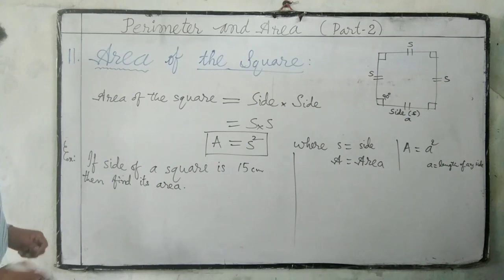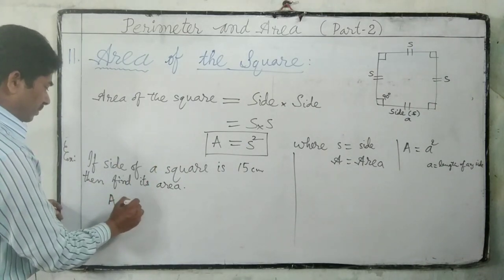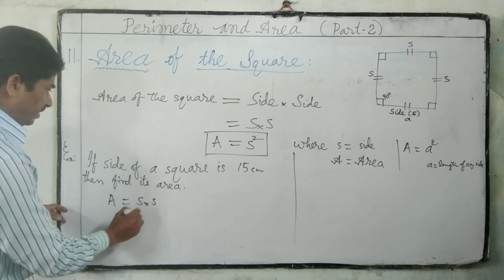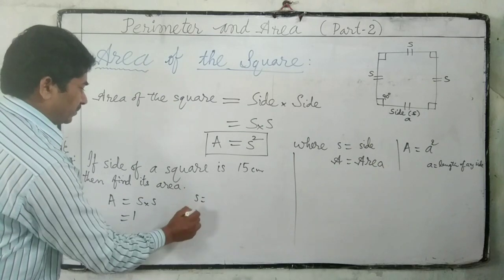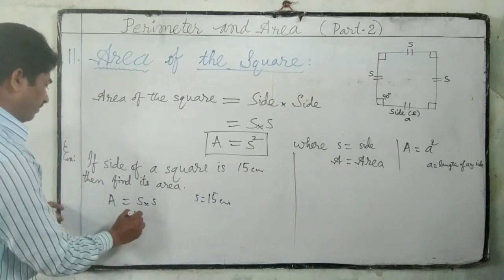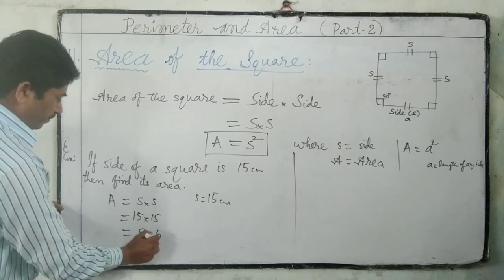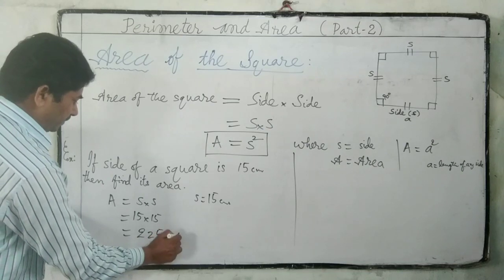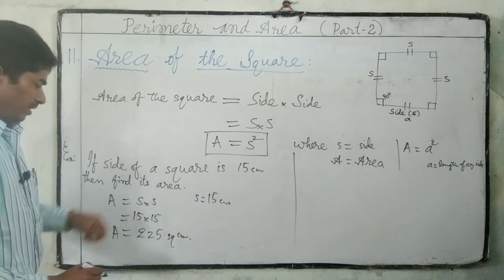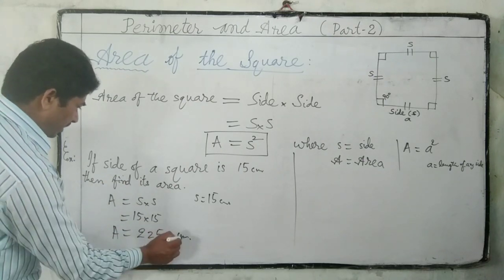Find its area. We know the formula for finding area. A is equal to S into S. So here given side S is equal to 15 centimeters. So 15 squared is 225 square centimeters. Area of this given square is 225 square centimeters.